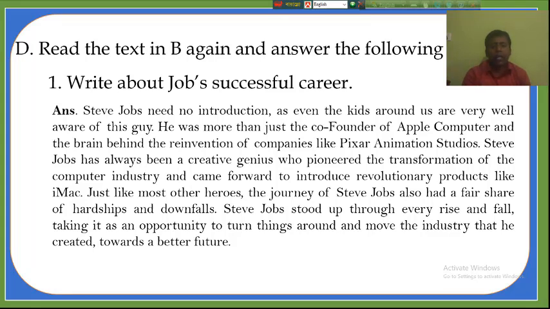Just like most other heroes, the journey of Steve Jobs also had a fair share of hardships and downfalls. Steve Jobs stood up through every rise and fall, taking it as an opportunity to turn things around and move the industry that he created towards a better future. Okay, this is the whole successful career of Steve Paul Jobs.